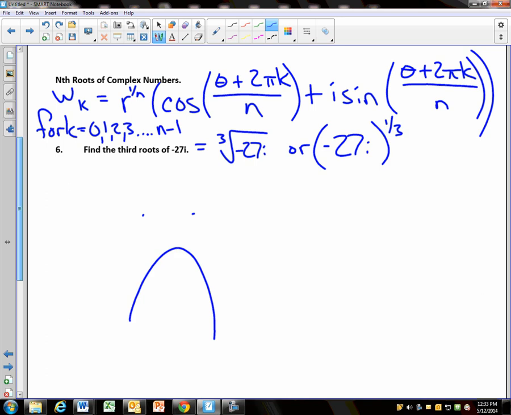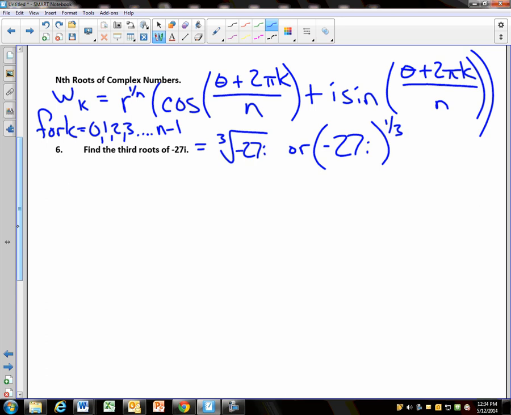It's 3i. But there's actually 3 solutions, and I dare you to come up with the other 2.